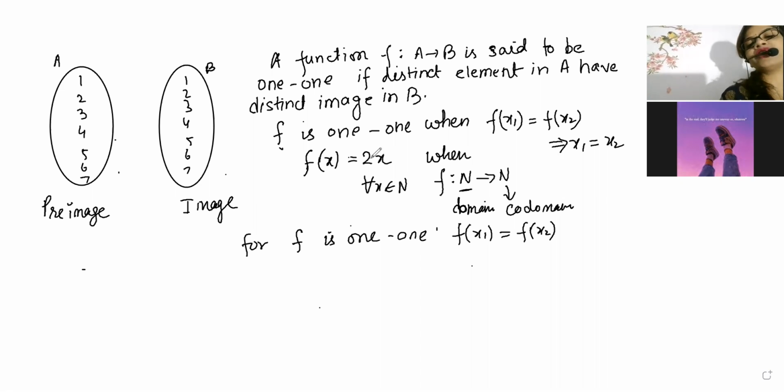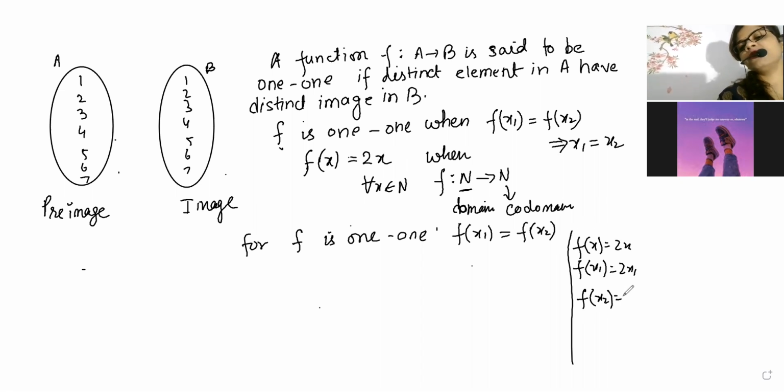Now f of x is 2x. Then f of x1 becomes 2x1, and f of x2 becomes 2x2. So right here, beta, 2x1 is equal to 2x2. Now the 2 and 2 get cancelled. What comes? x1 is equal to x2.